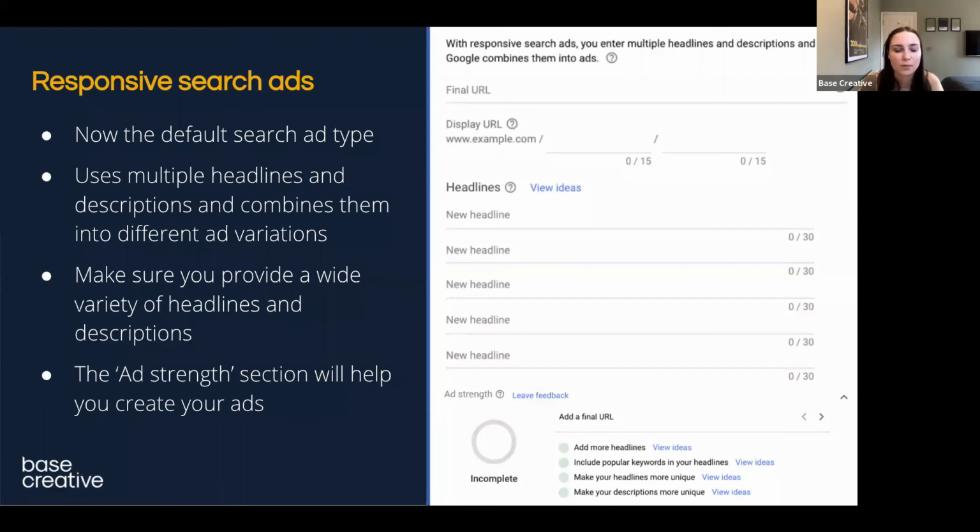As an example, you could supply 3 separate headlines like family solicitors, family lawyers, best family solicitors, and Google might use them all in one ad. So you're going to get a really repetitive ad rather than something that showcases the reasons why they should pick your firm. So these are good to use, but a word of warning, just make sure that when you're entering your headlines and descriptions that you're including a broad variety of phrases so you can avoid that repetition happening.